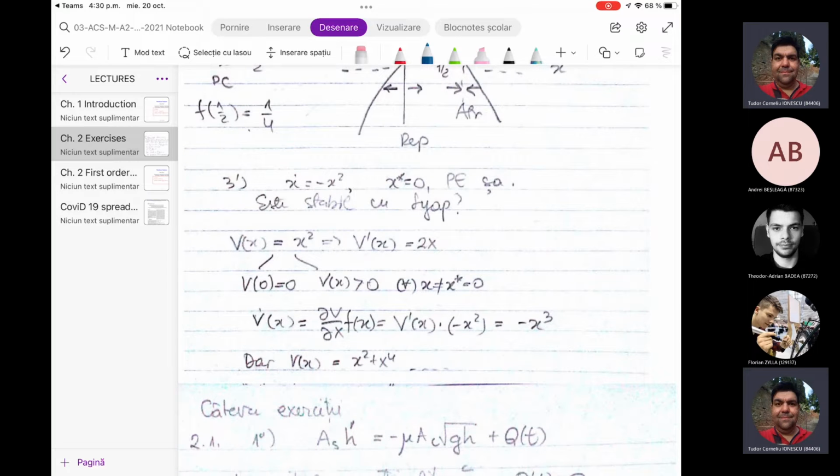Okay. The question was that, is this a stable equilibrium point? X dot is minus x squared. Okay, here I was making a Lyapunov analysis. What's Lyapunov? Lyapunov actually is searching for an energy function of the system, if it exists. For physical systems, we know for sure there is an energy function, and actually any nonlinear system has an energy function.